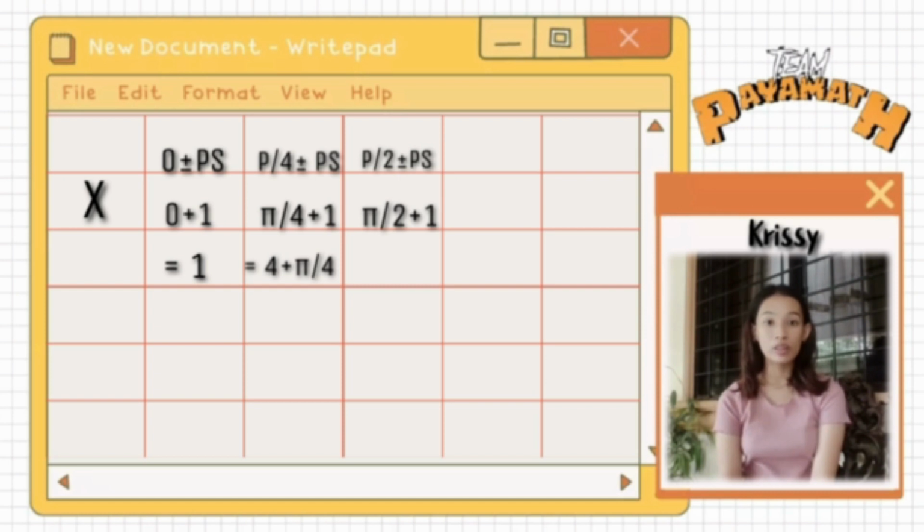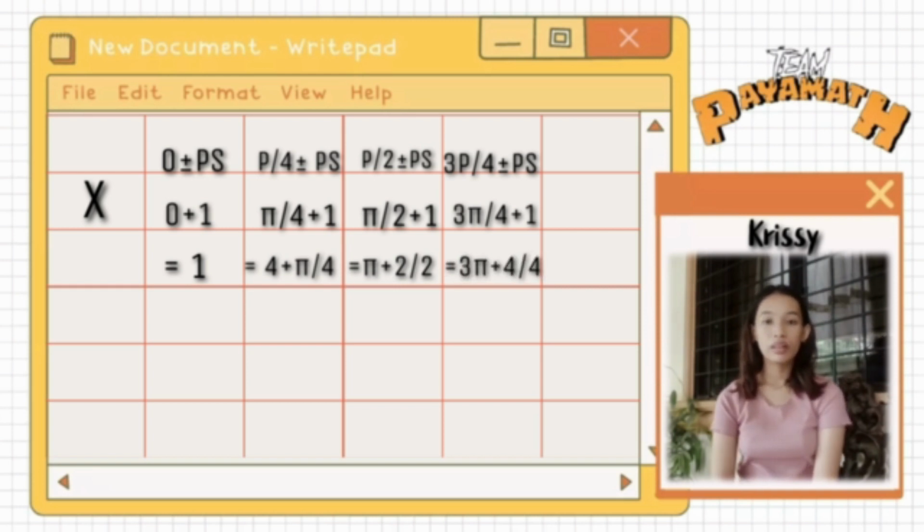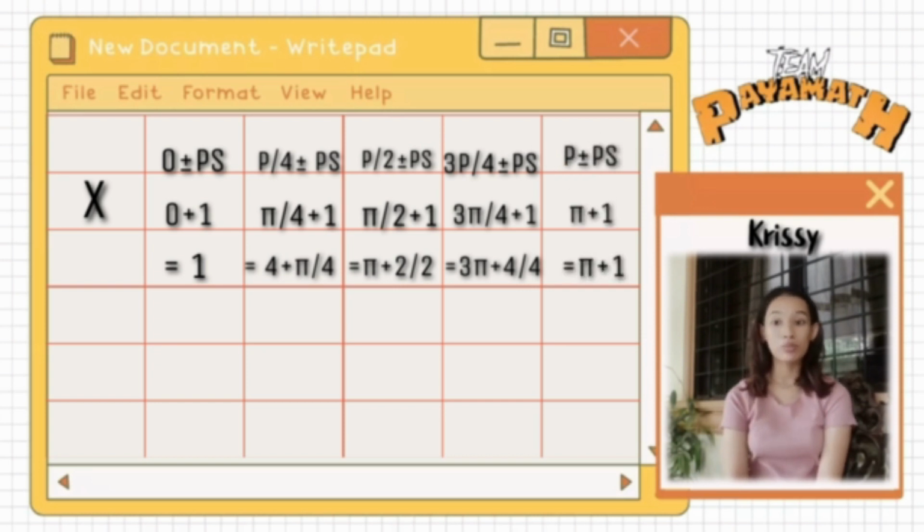So we'll have the value of pi plus 4 over 4. For the third one, we will substitute the values and get the answer of 3 pi plus 4 over 4. And for the last value of x, we will have the answer of pi plus 1.